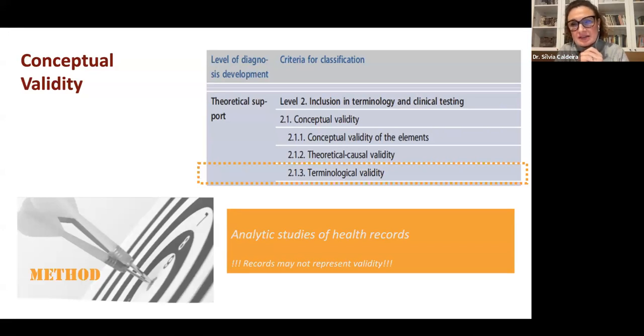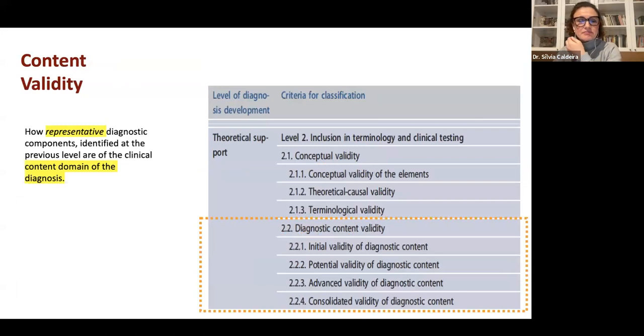Records represent what nurses record and register, not the completeness of the nursing diagnosis or the human response. And this is quite interesting and very important to be aware of when we do this type of research. It's very important, of course, but there's a big limitation when interpreting the results.